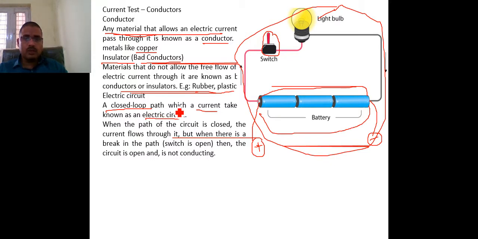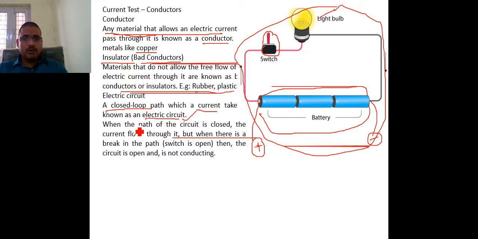This is the path through which the current passes, from this point to this point. The closed loop path which a current takes is known as an electric circuit. This is called an electric circuit.